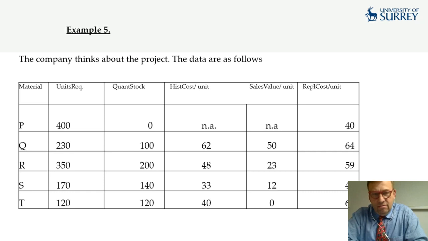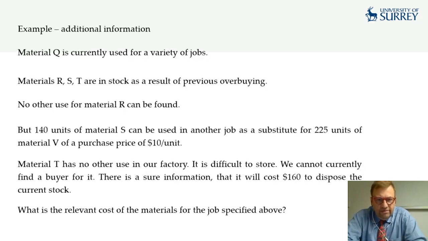Here we have a very important piece of information: not only can we not use material T in our factory for anything else, more importantly, this material is difficult to store and it's sort of annoying, and we cannot find a buyer, and that is sure information.